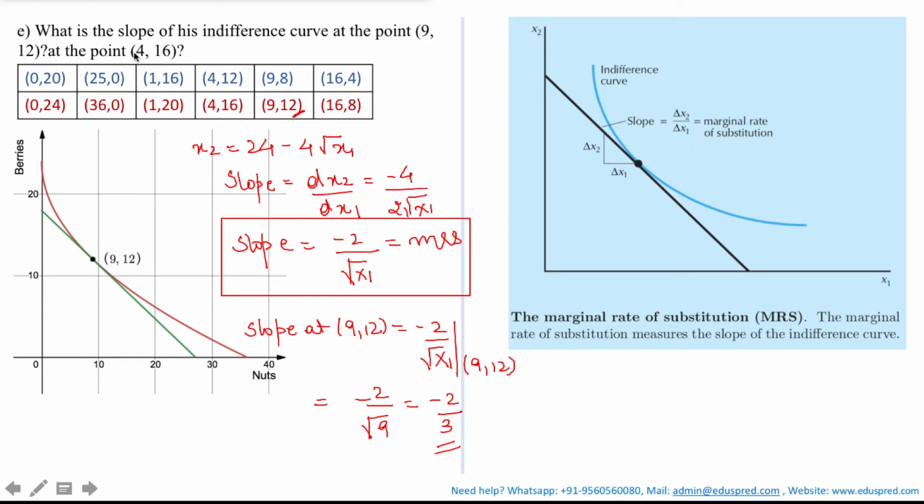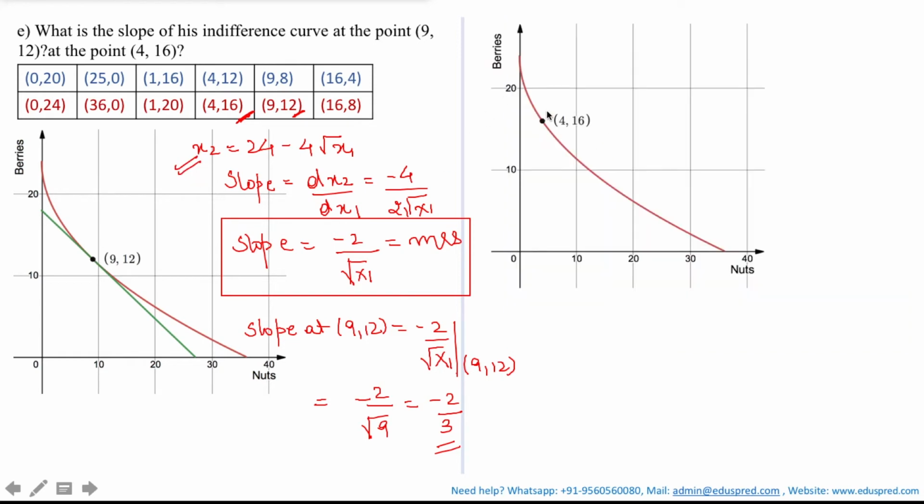The question also asks us to evaluate the slope at the point (4, 16). The point (4, 16) is again in red color, which means it will be lying on the red indifference curve having this equation. Graphically, your point (4, 16) is lying here on the red indifference curve. And in order to calculate the slope of the indifference curve, let's draw the tangent. We have to find the slope of this green tangent at the point (4, 16). Since the point (4, 16) is lying on the red indifference curve, which has this equation, and we just calculated the general form of the slope or the MRS of this indifference curve, which is this.